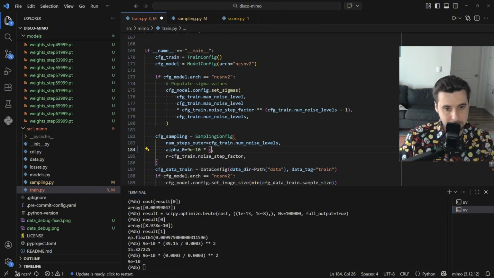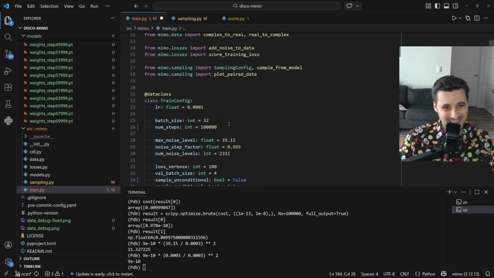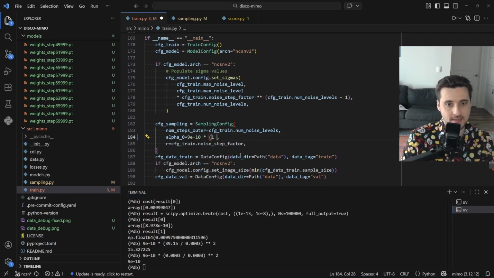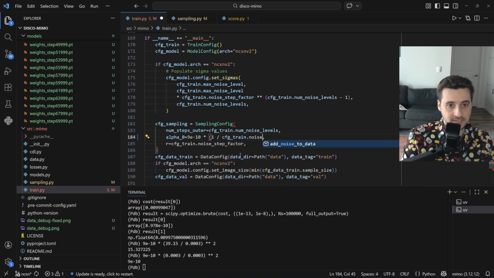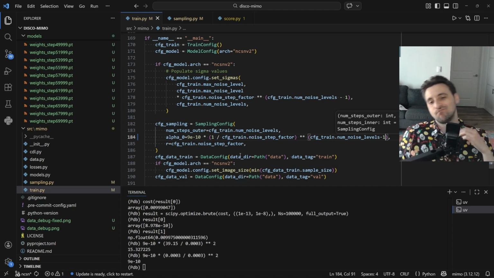What is this? Times... I know what this is. It's 1 over the noise step factor to the power of noise levels minus 1.